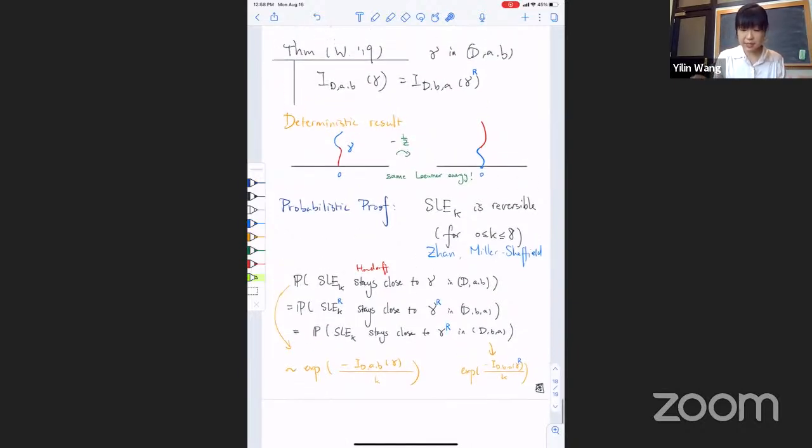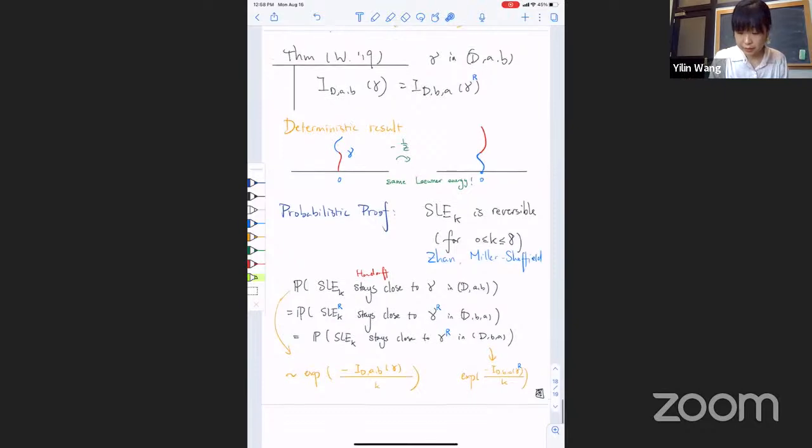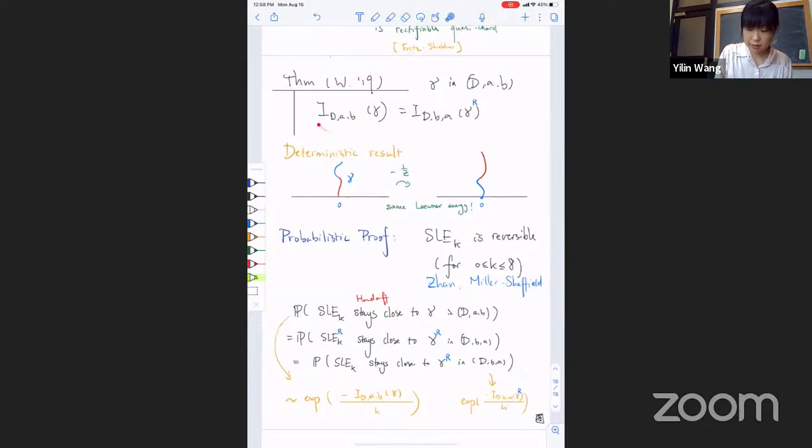Just in short, SLE is reversible, so its large deviation rate function should also be reversible. And you get this result.